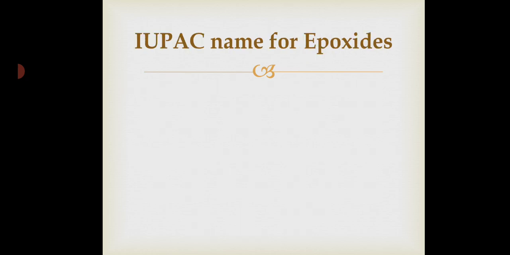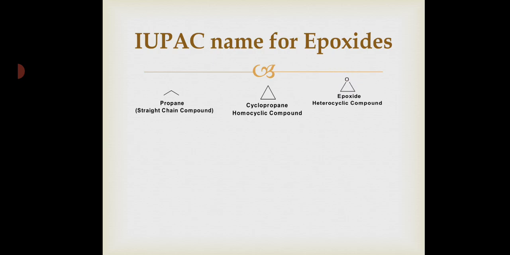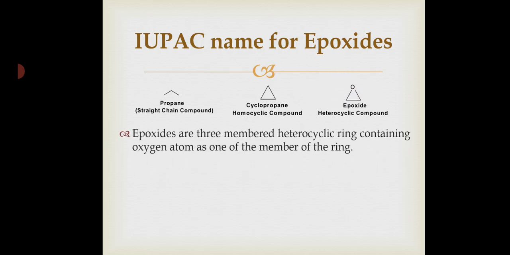Now, what are epoxides? Epoxides are three-membered heterocyclic ring compounds containing an oxygen atom as one of the members of the ring. You know propane. Propane is a three-membered carbon open chain compound.